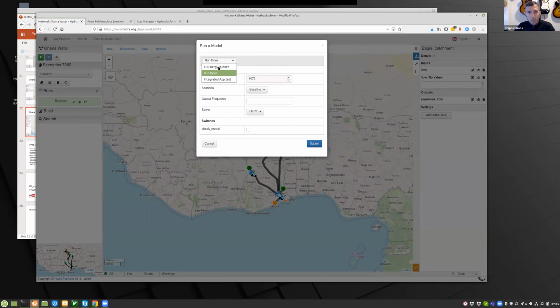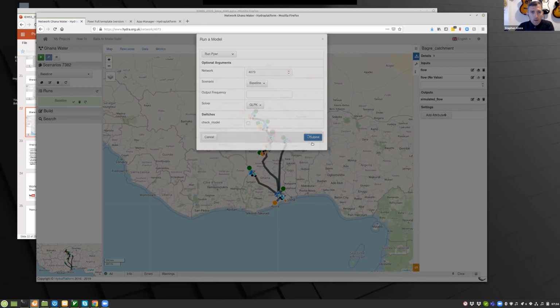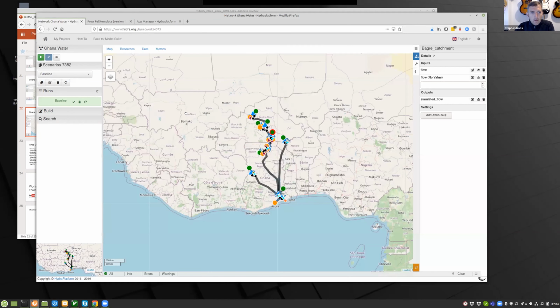These are the different apps I was talking about. In this case, it's run PyWR, which is a Python-based water modeling system. And now you can see in just a second, we should see this blue box indicates that the model is running. So this is now deployed on the cloud somewhere on Amazon.